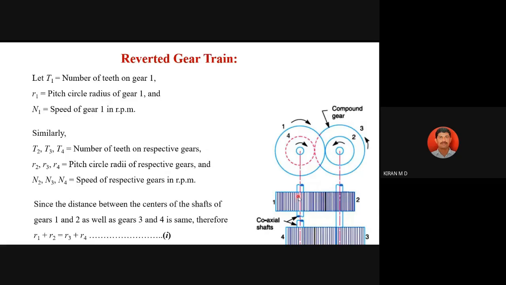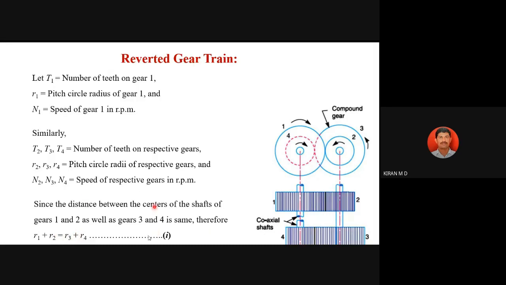This radius of gear 1 plus radius of gear 2 is equal to the radius of gear 3 plus radius of gear 4, from this axis to this black line. Correct? So R1 plus R2 is equal to R3 plus R4.